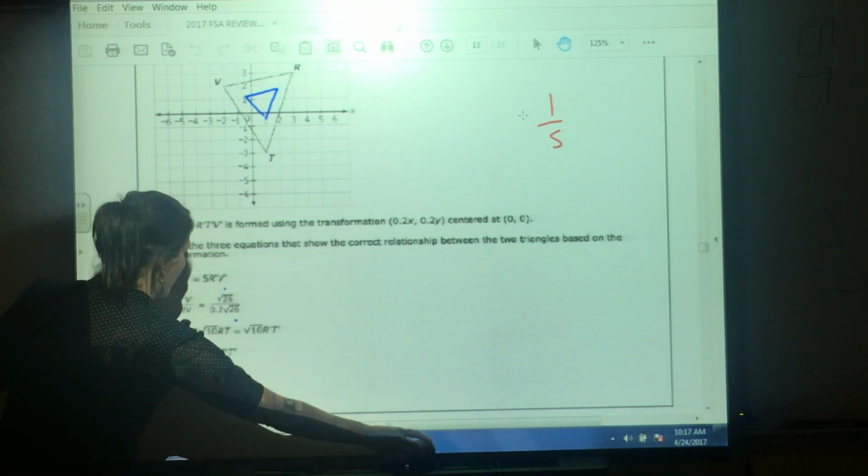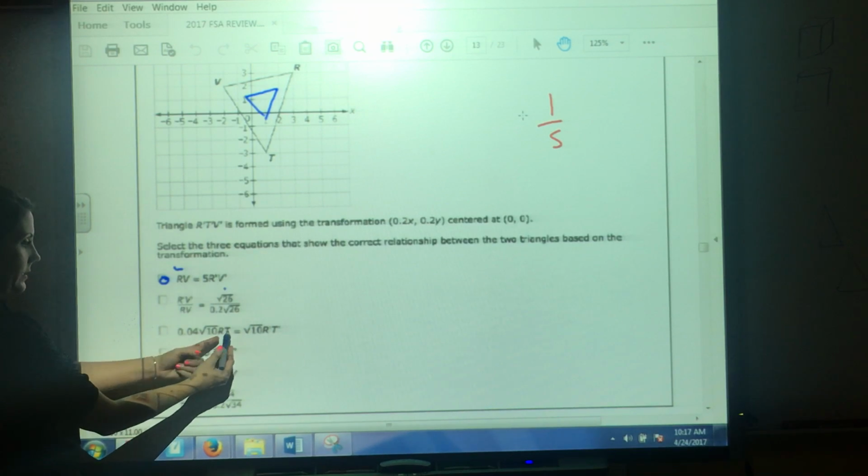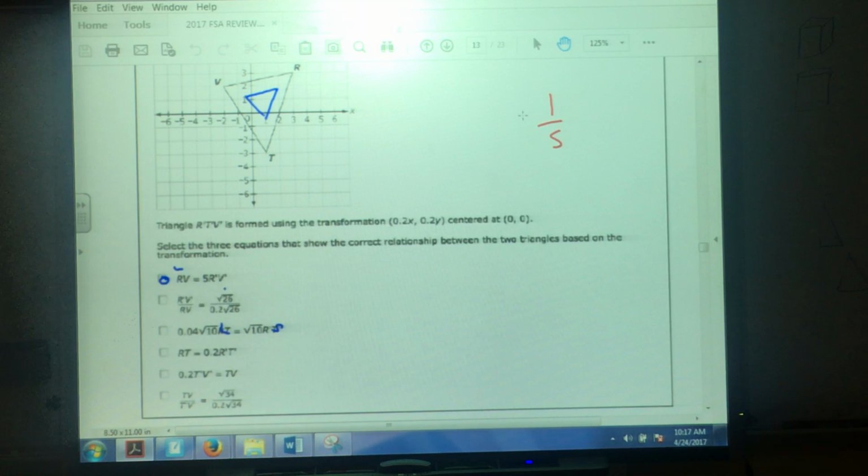That's a big no. The next one says, okay, so this is our RT, this is our large, and this is our small. What's happening here?